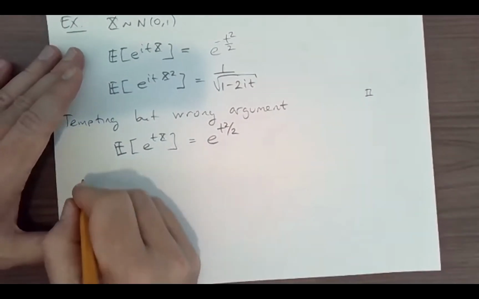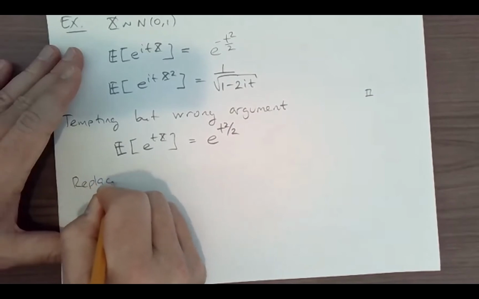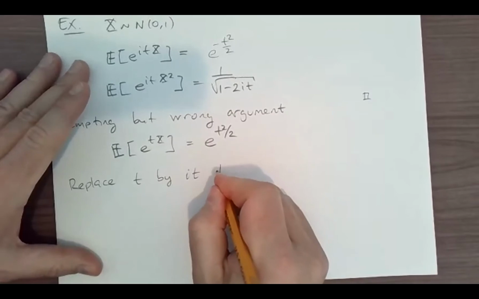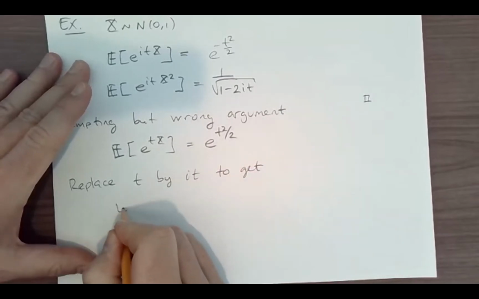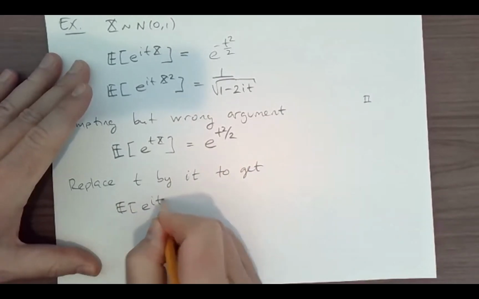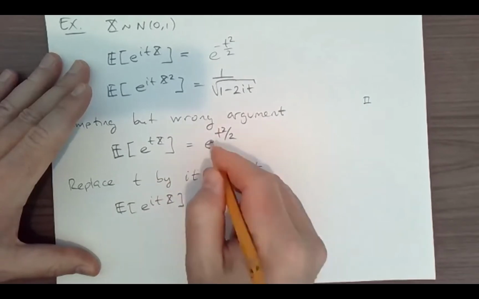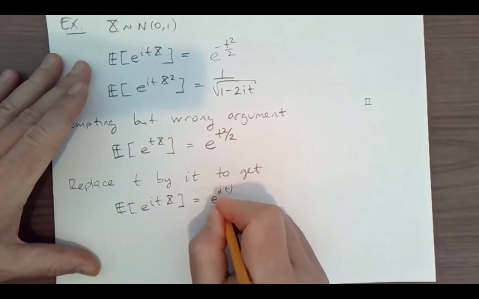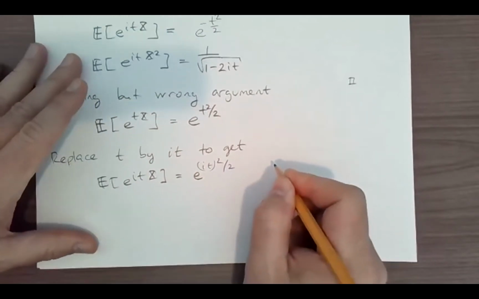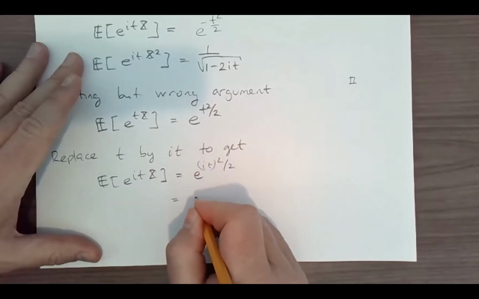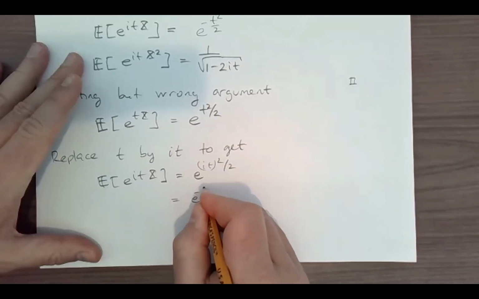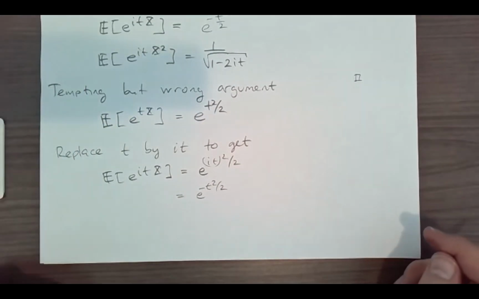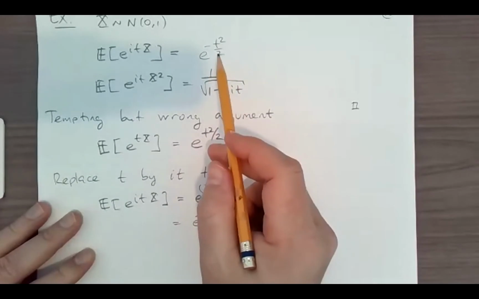So now replace t by it to get that e to the itX would then be e to the (it) squared divided by 2, which would be equal to i squared, this is minus 1, and you recover the formula we had up here.